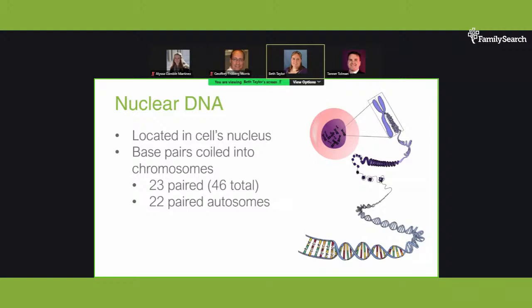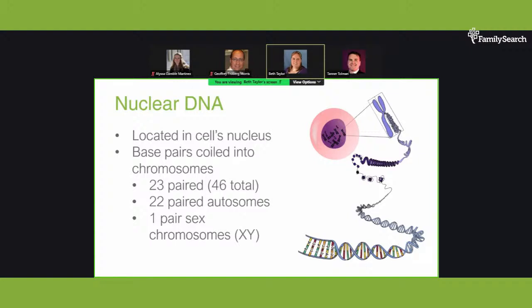So autosomal DNA consists of the 22 paired and numbered autosomes. And then the final pair of chromosomes are the sex chromosomes. You can either have an X and a Y, or you can have two X's. If you have an X and a Y, you're biologically male. And if you have two X's, you're biologically female.